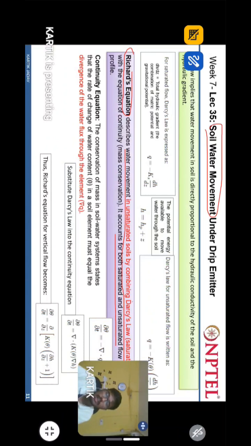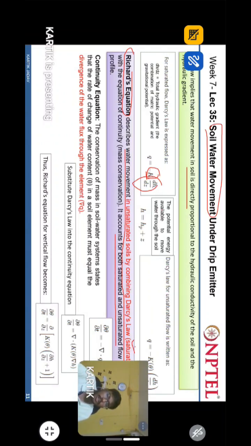Darcy's law is generally dealing with saturated flow, right? And Darcy's law states that the water movement in a soil is directly proportional to the hydraulic conductivity and the hydraulic gradient, right? And which hydraulic conductivity is that? Saturated hydraulic conductivity, because Darcy's law is dealing with saturated hydraulic conductivity. Then what is H?